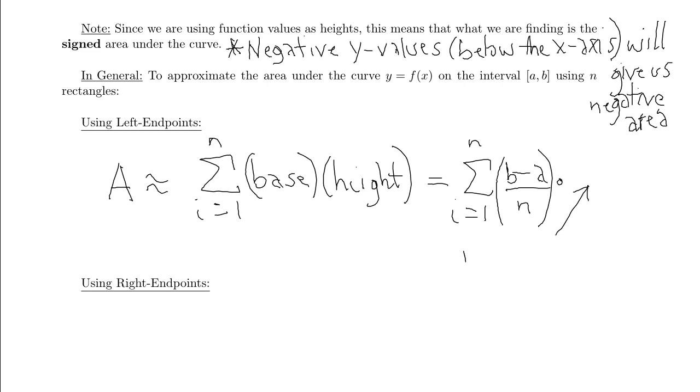So it's going to be f of a plus i minus 1 times b minus a over n. That's the more general way of writing the height of a left endpoint: we're plugging a plus i minus 1 times b minus a over n into our function to find its y value.